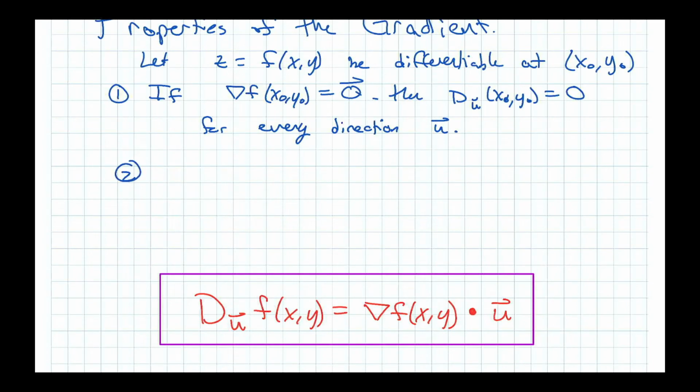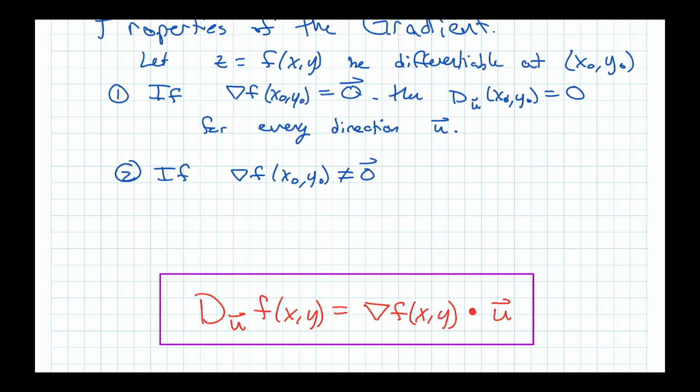Okay. What else do we have? Another property is that if the gradient is not zero, so we're not looking at zero derivatives, so it's not the zero vector. One of them can be zero, right? But there's two components.